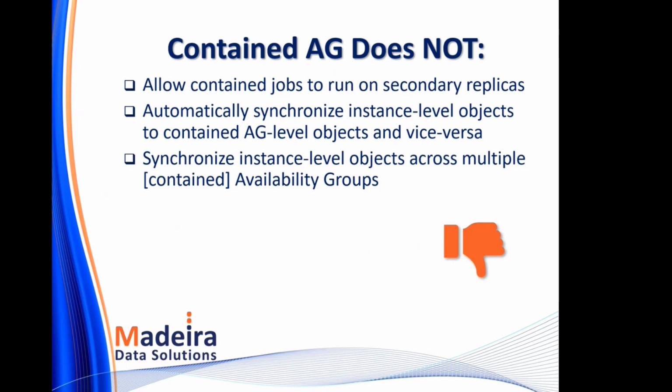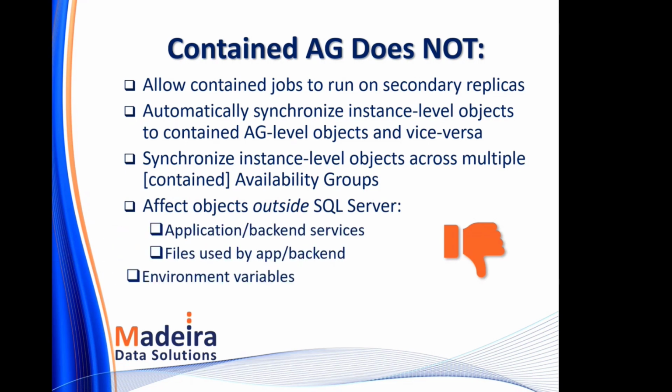Contained availability group also does not provide a solution for objects outside of the scope of SQL Server, which is, I guess, understandable, but it's important to understand. Even now, we don't have a solution for that inside SQL Server, and that is understandable because these are things outside of SQL Server.